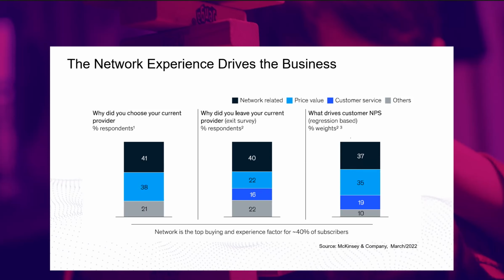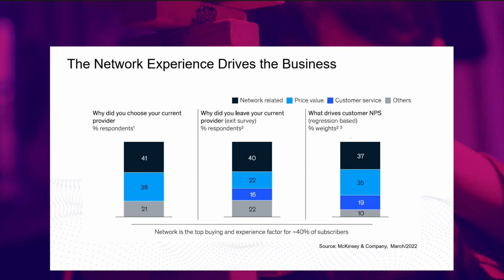If you think about it, the fundamentals of your business is to attract new customers, make sure that the customers you manage to obtain are not leaving you, and then that your customers are spreading the good word around to other potential new customers. And in all of these 3 cases, the most important factor to manage is to ensure that your customer has a good network experience.